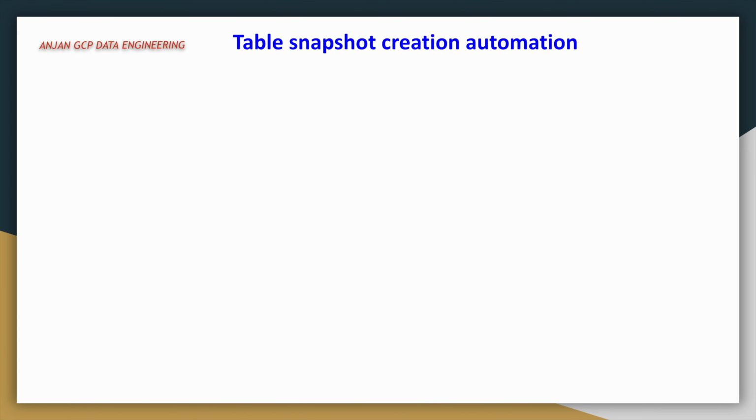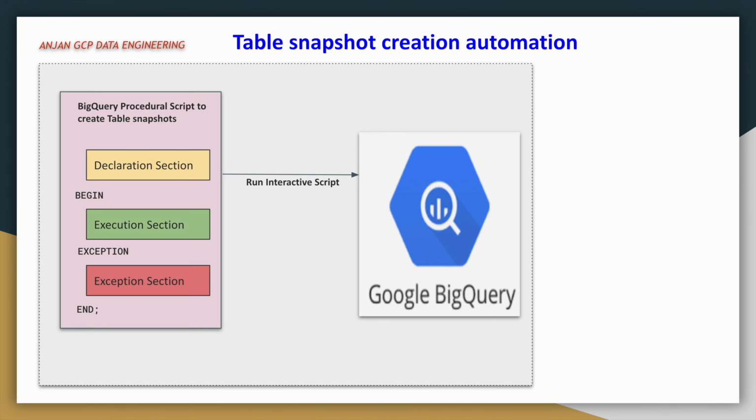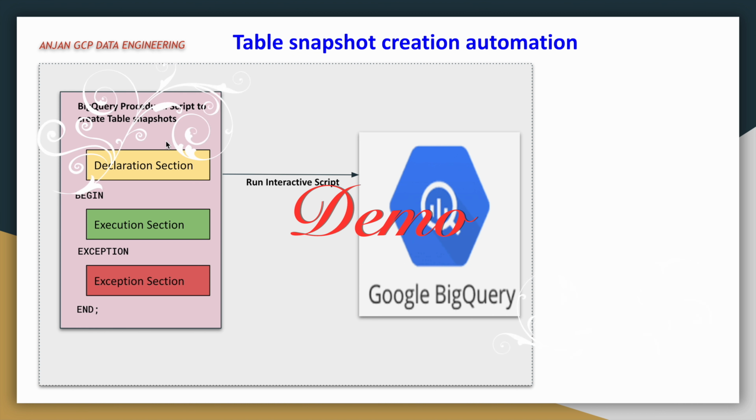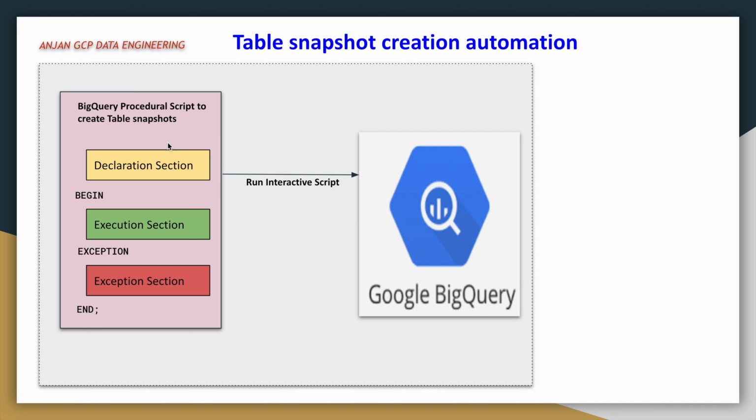So in the demo we will write a BigQuery script. For demo purposes I've already written the script, so I will go through each and every line. It has a declaration section, then an execution section, and then an exception section. We'll run that script in the BigQuery editor and create snapshots one by one using timestamps.